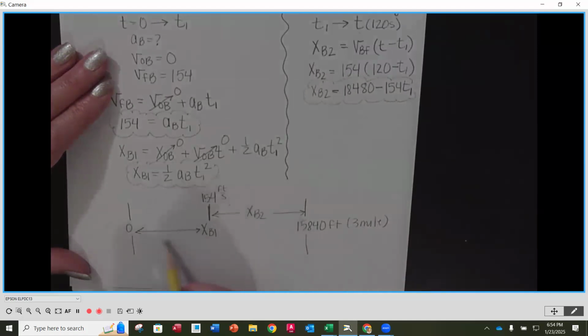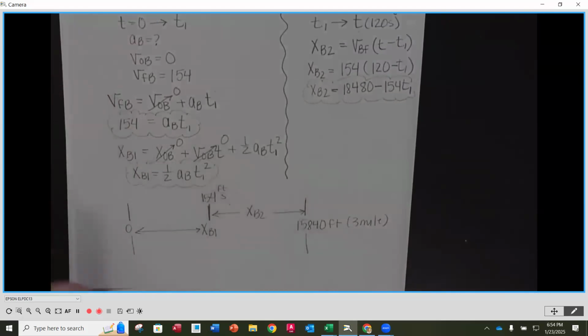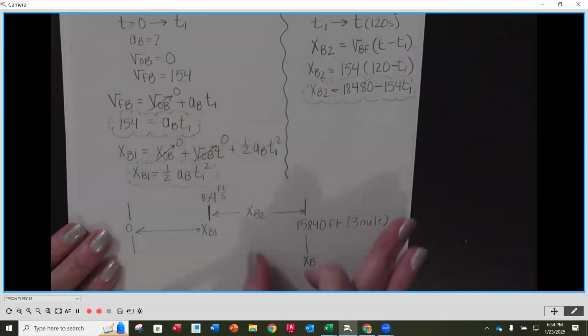This is the first chunk of the police car, and this is the second chunk. So our overall, we're going to call this XB, is equal to XB1 plus XB2, and we know XB to be 15,840.